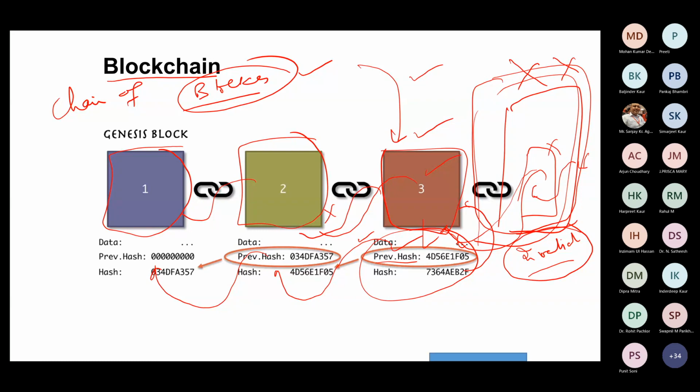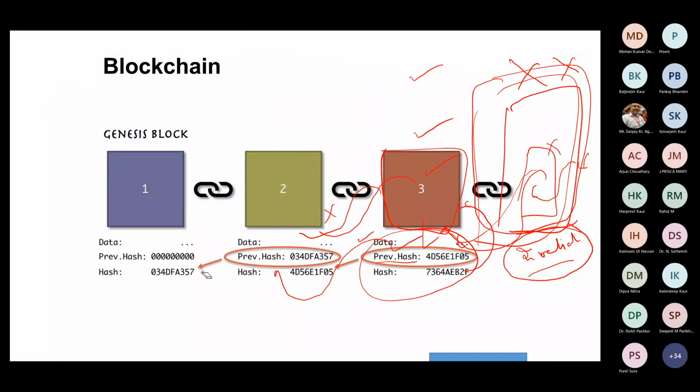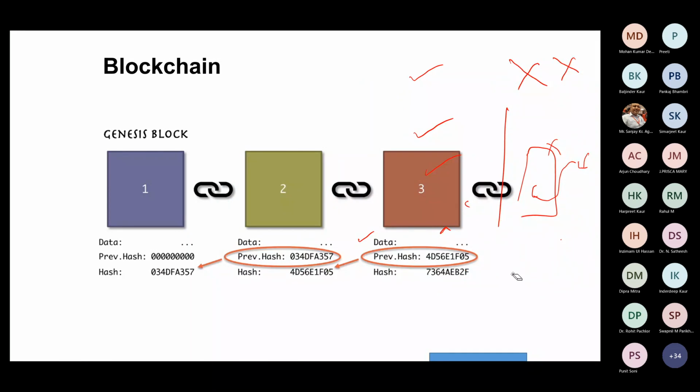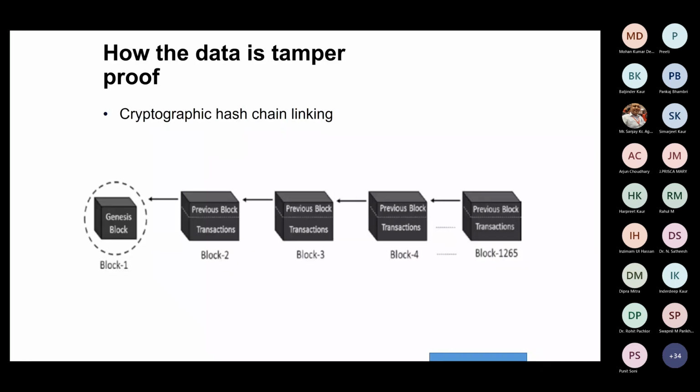So in a nutshell, it is almost impossible to attack a blockchain, because the attacker has to compromise all the nodes at the same instant of time, which is practically impossible. That's why the chain is found to be secure.